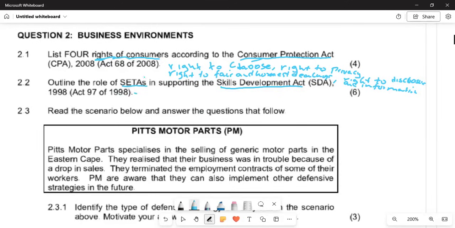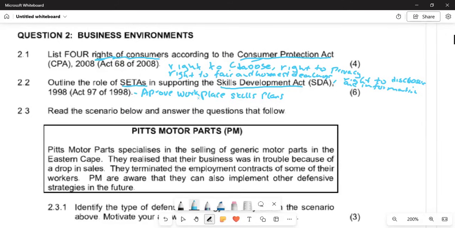The first one, SETA plays the role whereby they approve workplace skills plans. They are the ones who enable business to give training to employees.